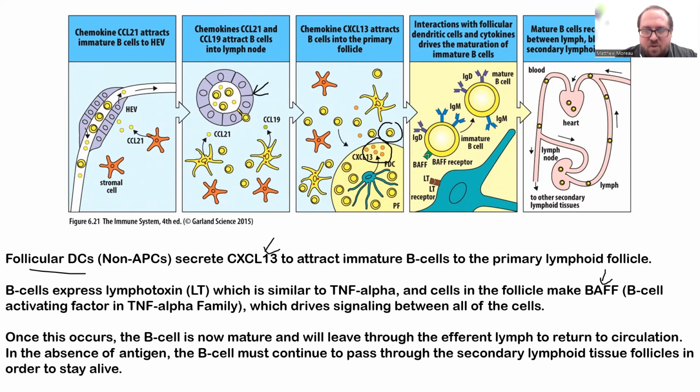These two allow for not only the recruitment of B cells to the follicle, but also move the B cell into becoming a mature but naive B cell, which can then circulate through the bloodstream into the lymph system, again waiting for the call of a hyperexpression of CCL19 and CCL21, which will draw them back to the lymph nodes where they will wait to see if they'll be activated.